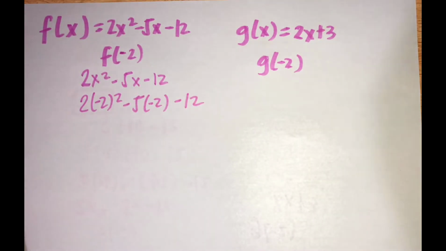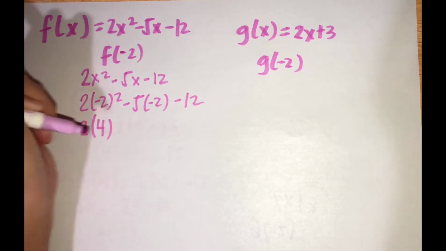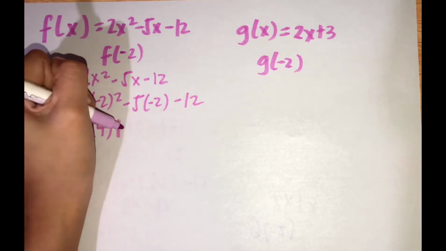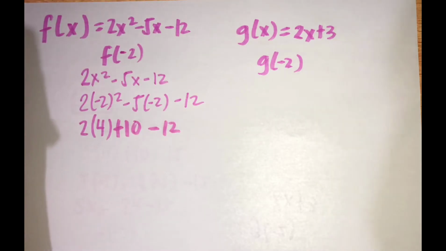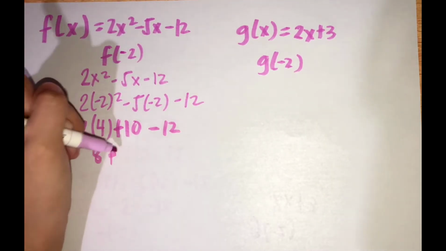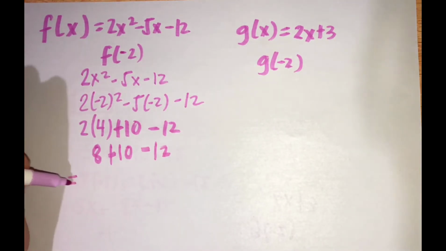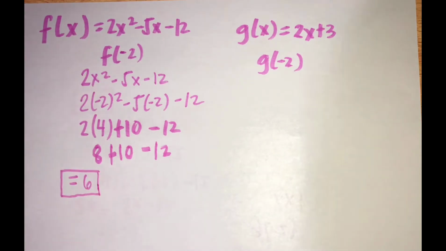Negative 2 squared is 4. Negative 5 times negative 2 is positive 10 minus 12. 4 times 2 is 8 plus 10 minus 12 is equal to 6. So our f of negative 2 is equal to 6.